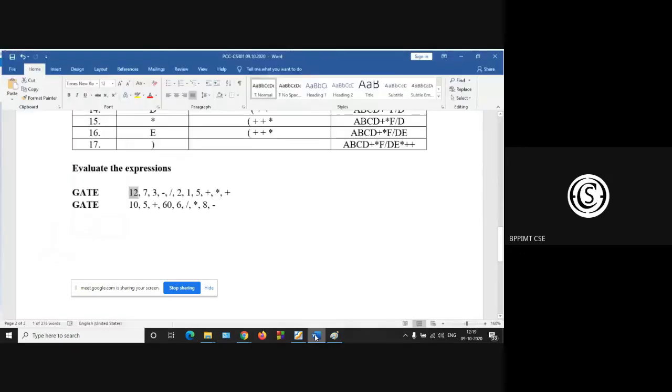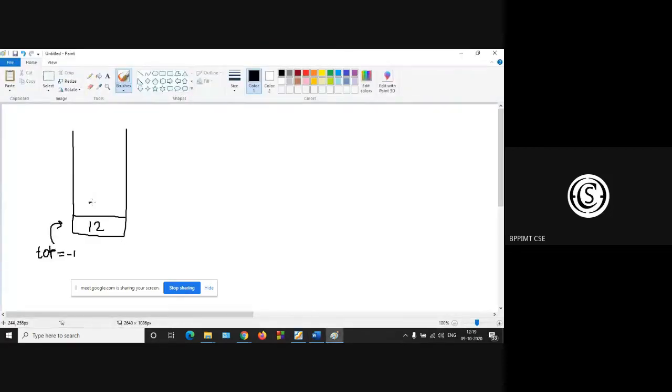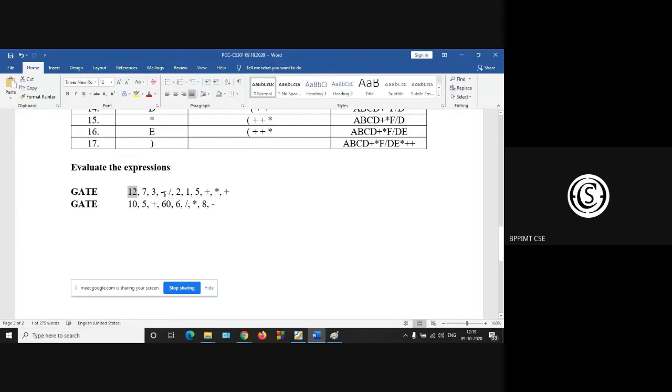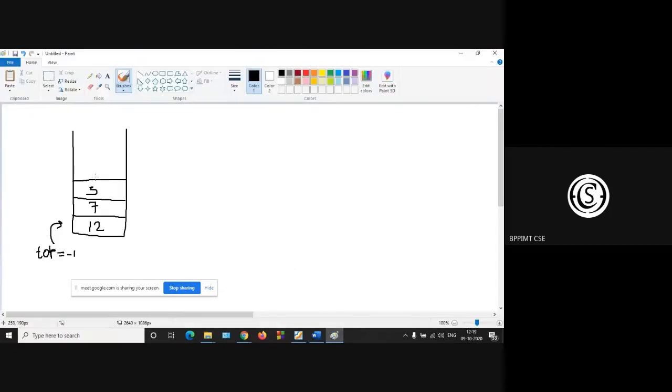Next is 7. 7 is an operand, so I push 7. The next one is 3, so push 3. And finally, the next token is subtraction, minus. For minus, what should we do?